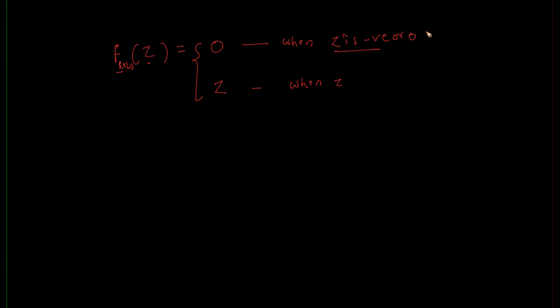That means when z is less than or equal to 0, f ReLU of z is 0, and when z is positive, f ReLU of z is z itself, right? So that is the result of ReLU when we apply it on z. Now if I plot the graph of this, the graph will look like this.